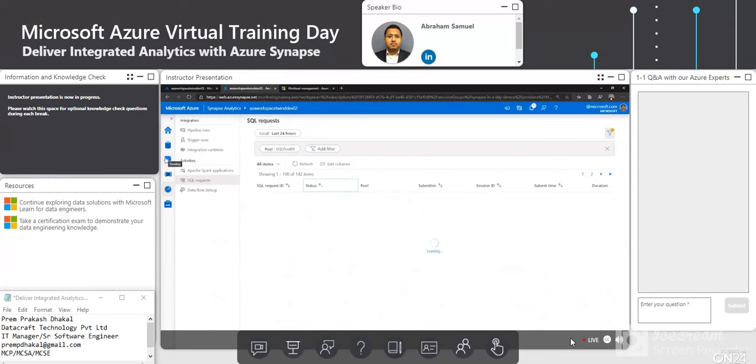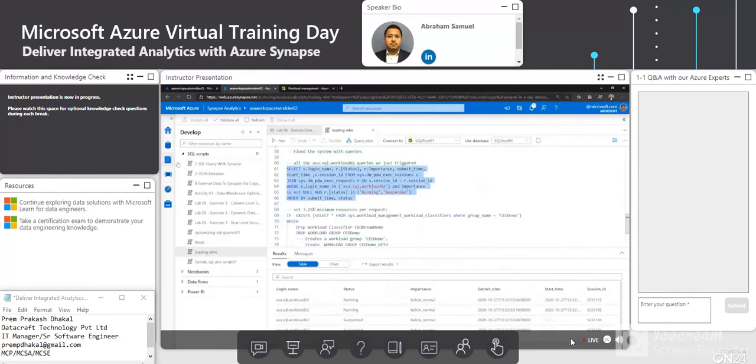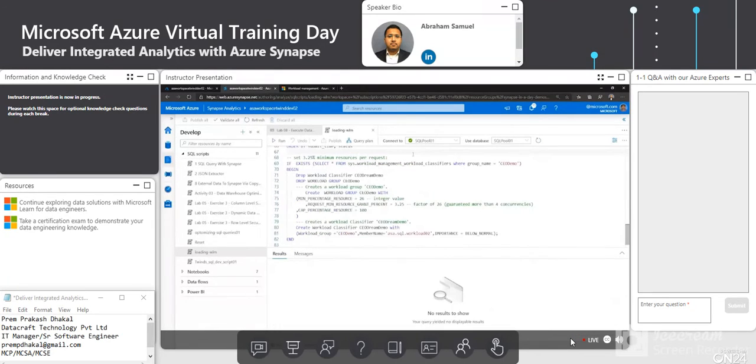So it's a great way to understand how to set up workload management across the board. As you can see, workload management gives us a lot of flexibility on splicing up the cluster, the SQL pool, as we need.